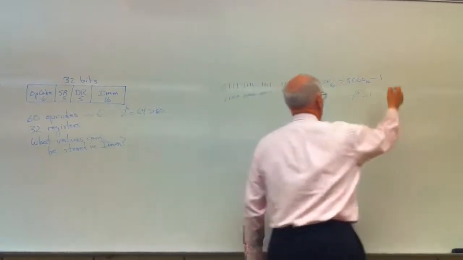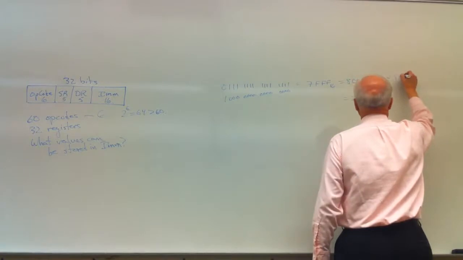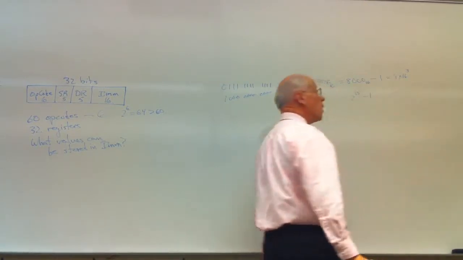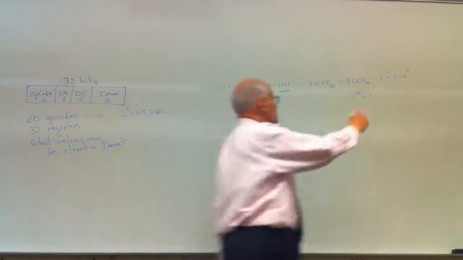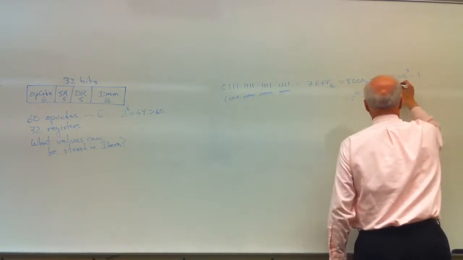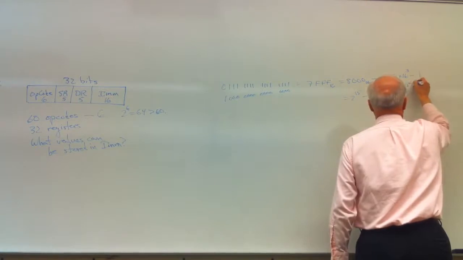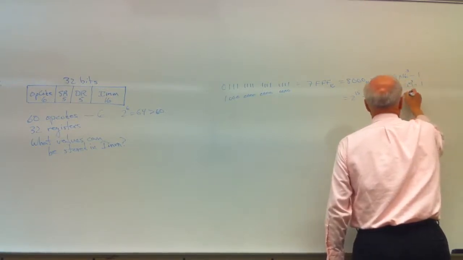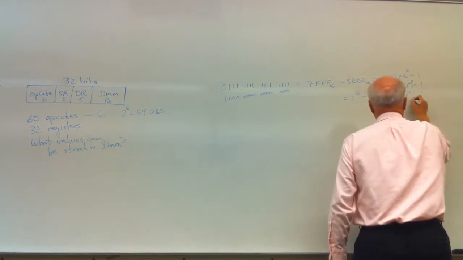I can also write it in this one as 8 times 16 to the 3rd power minus 1. If I do this conversion, 8 is 2 to the 3rd, 16 is 2 to the 4th, to the 3rd, 2 to the 3rd times 2 to the 12th minus 1, 2 to the 15th minus 1.